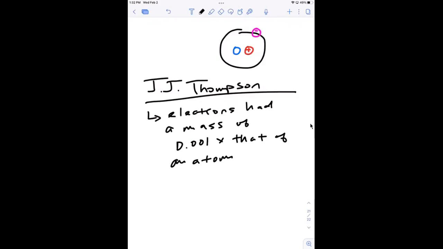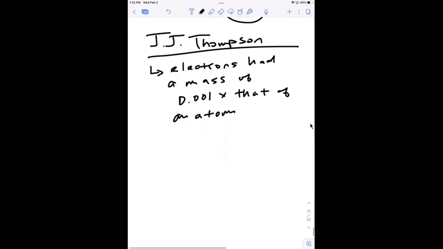Very important. Super, super light. And we're going to talk about the mass of an electron later when we talk about some other studies. What he also found out, based on his work with cathode rays, which we later found out were beams of electrons, was that atoms were composed of smaller particles that were not atoms, but components of an atom.